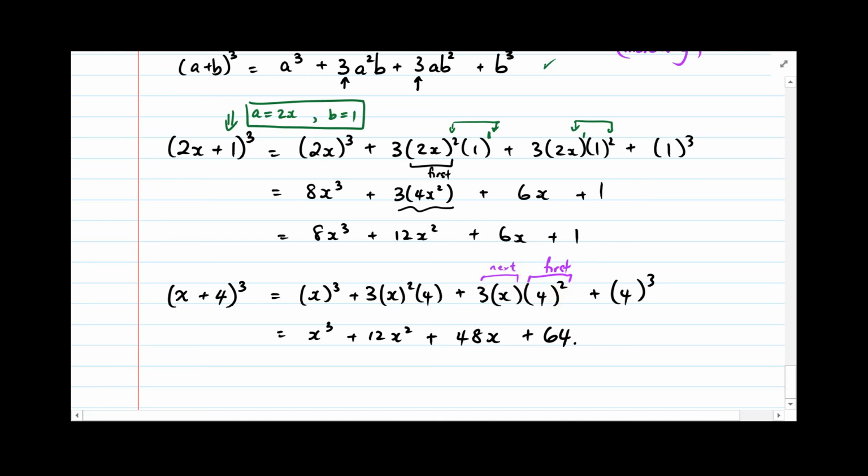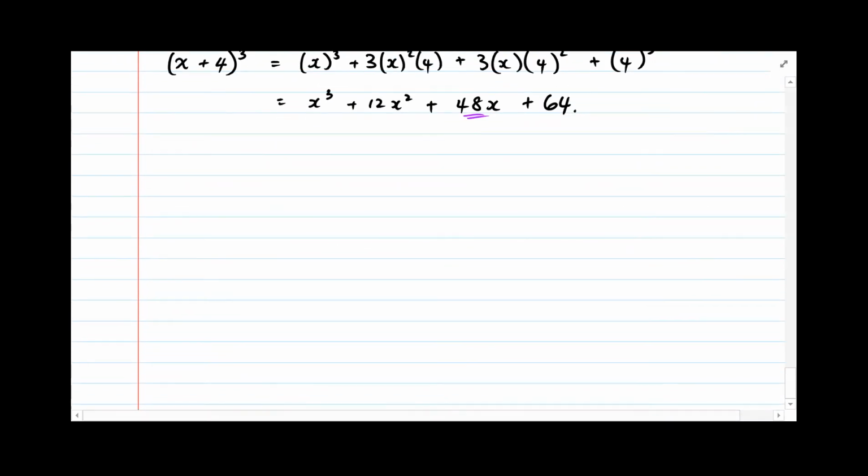So 4 squared was 16. 16 times 3 is 48, which is what gave us that middle, second to last term. Right? All right, same idea if we are taking a difference, and then after this you can practice in your workbooks, etc.